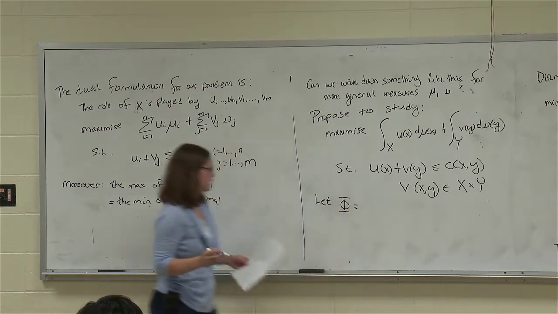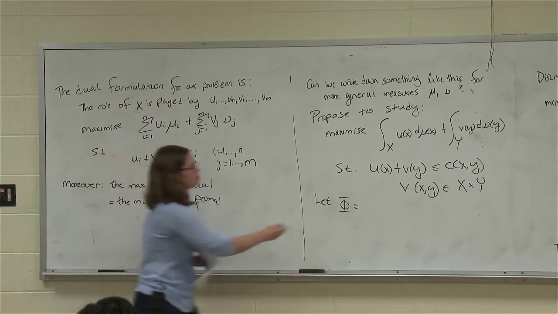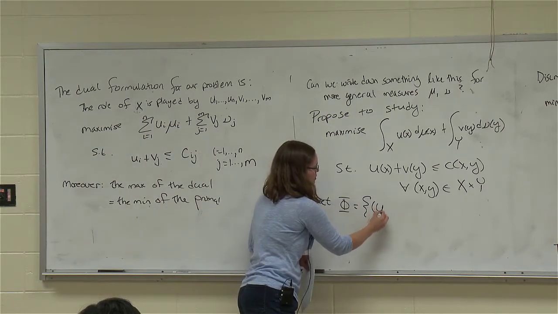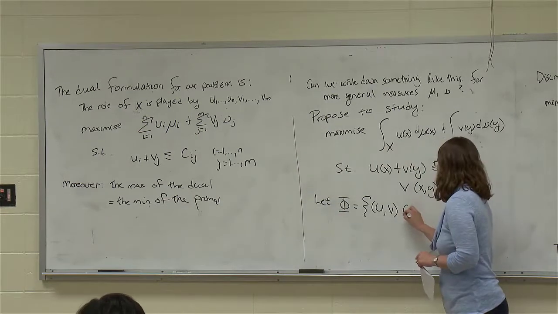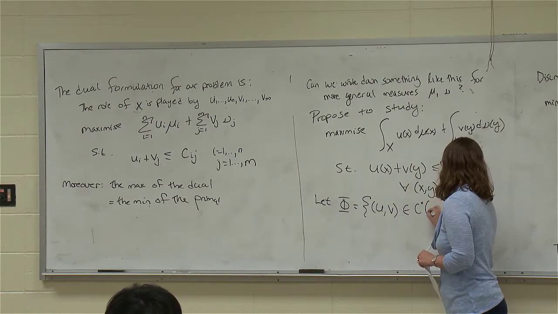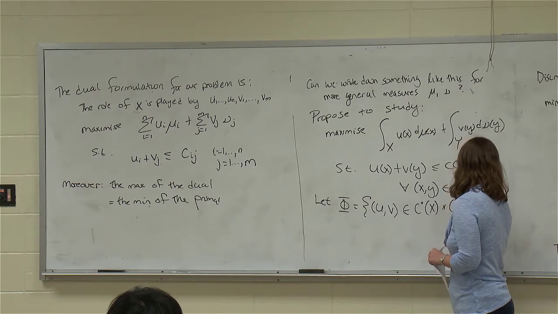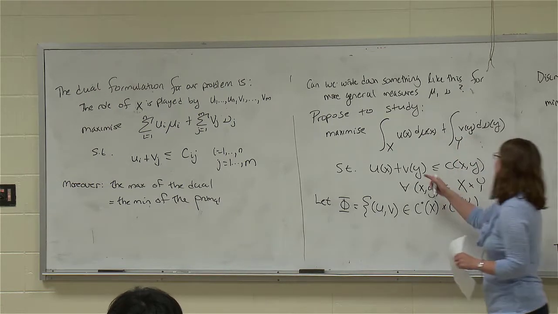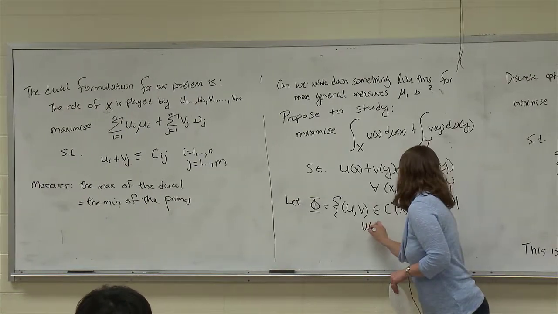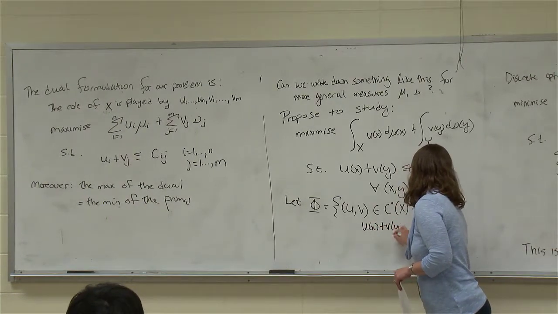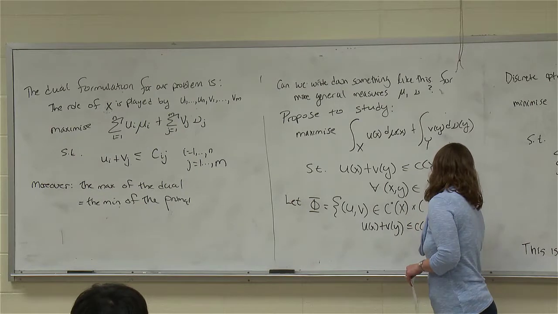I'm going to call it capital Phi, and this is going to be the set of all u and v, let's say, that are continuous functions and that satisfy this constraint, such that u of x plus v of y is always less than or equal to c of x, y.